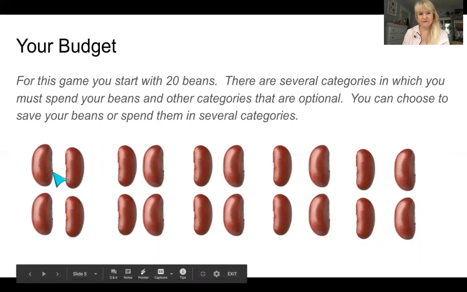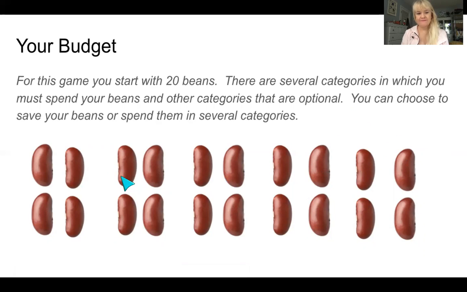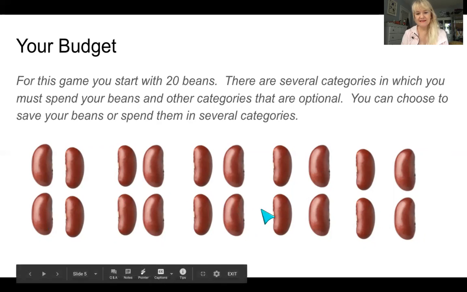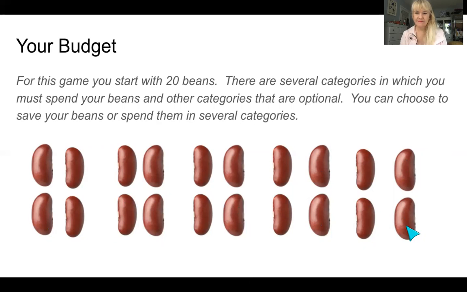So let's look here. 1, 2, 3, 4, 5, 6, 7, 8, 9, 10, 11, 12, 13, 14, 15, 16, 17, 18, 19, 20. That's 20 beans. I'm going to count those in another way, just to practice counting by 2s. You might be able to tell that I grouped the beans in pairs, like shoes, in pairs by 2.